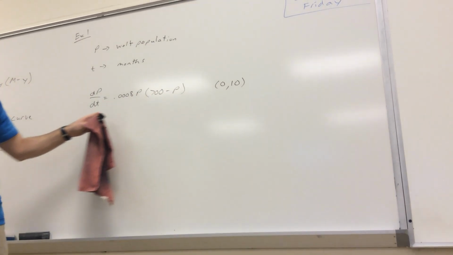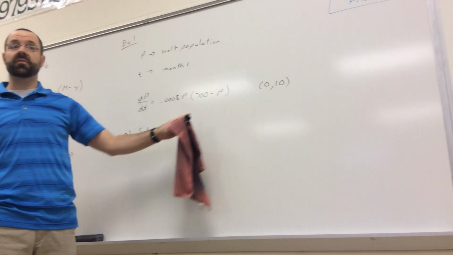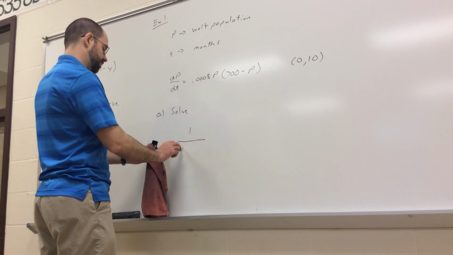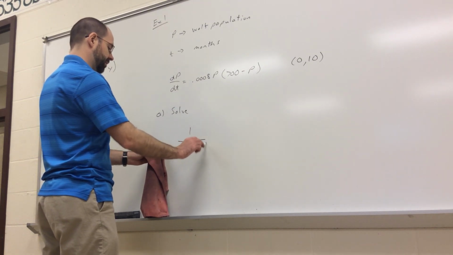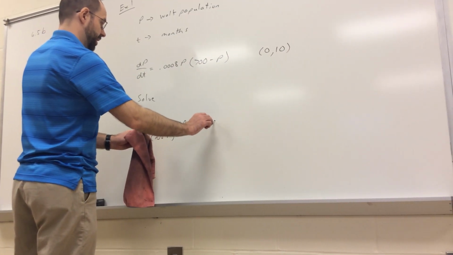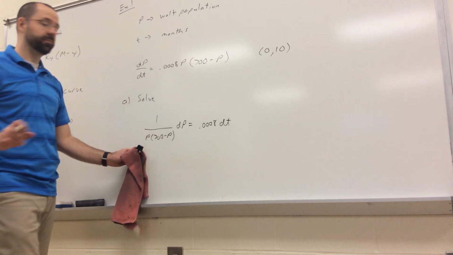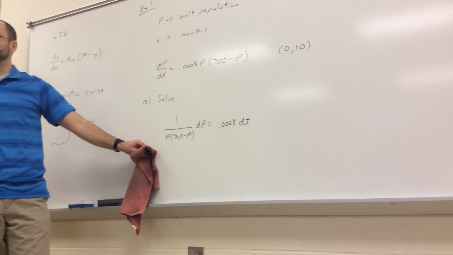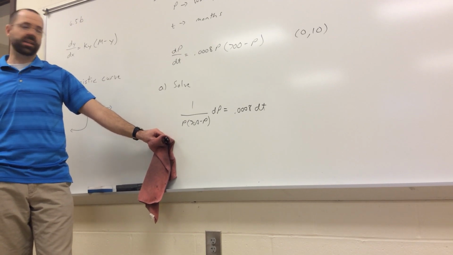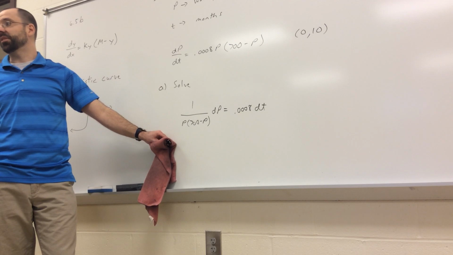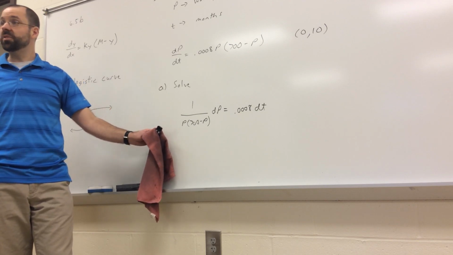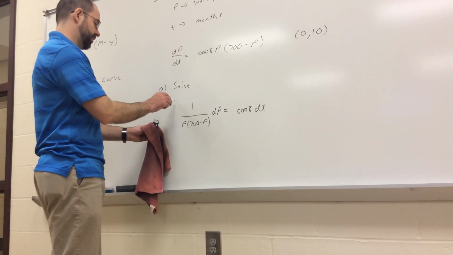Then we're going to divide by P, and at the same time divide by 700 minus P. So that's going to be 1 over P times (700 minus P) dP equals 0.0008 dt. So that step was just separating the variables, getting all the P's on the left and all the t's on the right. So after you do that, then you can take the antiderivative of both sides.